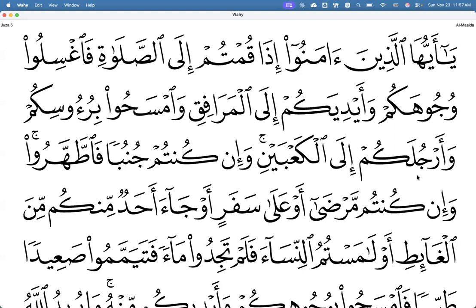So that recitation, which is also Quran, an authentic recitation, also supports the way Sunnis do wudu. When we're wearing socks, we do the masah. When we're not wearing socks, we do the ghusl. Isn't that beautiful? So this ayah applies to both situations.